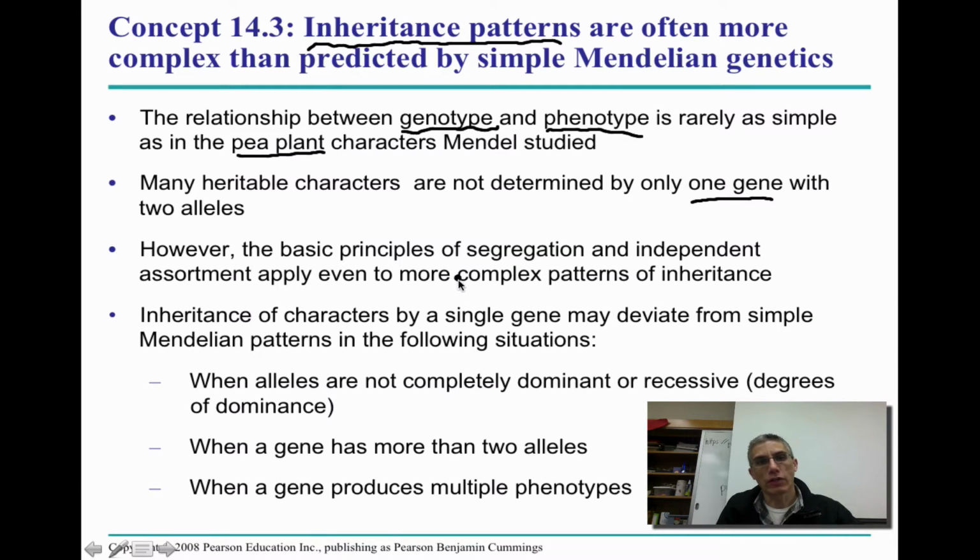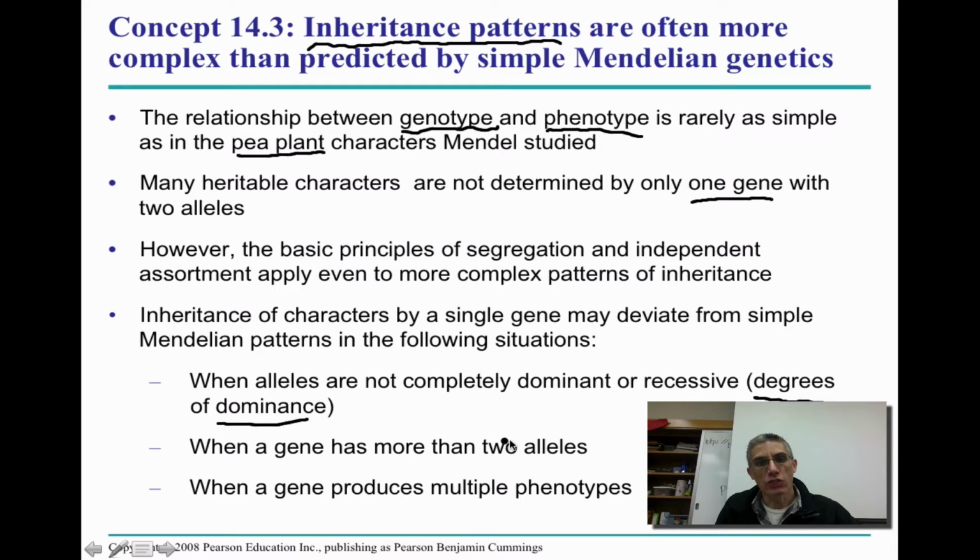Inheritance of characters by a single gene may deviate from the simple Mendelian patterns in the following situations that you see down here. One of those would be degree of dominance. In other words, there are some alleles that are not completely dominant or completely recessive, so the way they're expressed in the organism is based on degree.